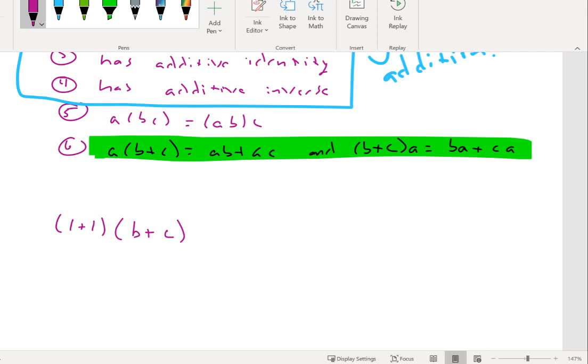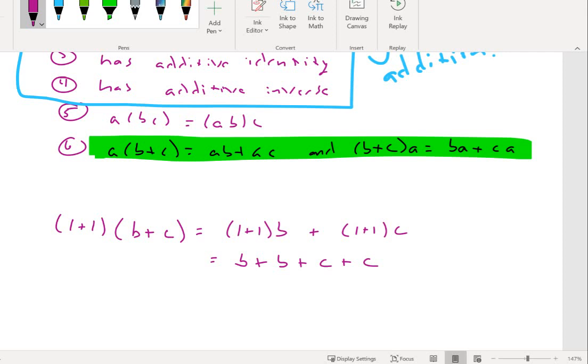If we have a multiplicative identity, we have a 1. But our distributive property says we can do this. We take whatever element's in front, and we multiply it by each of the ones in the parentheses, which would really turn out to be this.